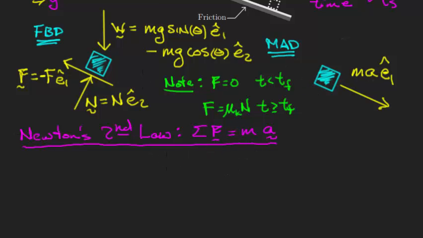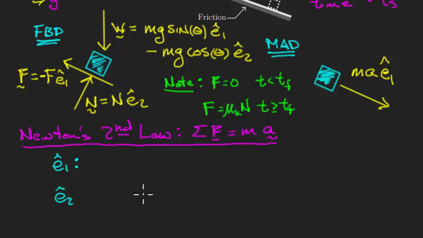But there it is. And of course, Newton's second law is a vector equation. It's got a sum of force vectors and a mass times acceleration vector. And what we're going to want is some scalar equations that we can actually solve for things. So what I'm going to do is take Newton's second law here and split it into components. I'll look at the E hat 1 component and the E hat 2 component.